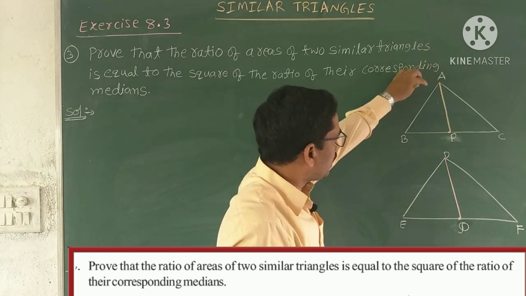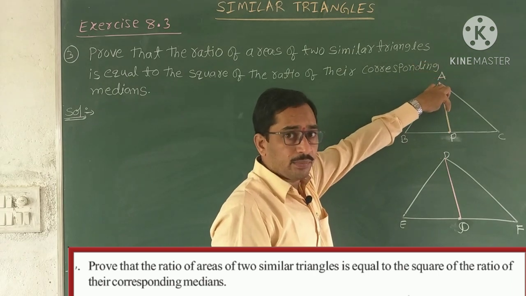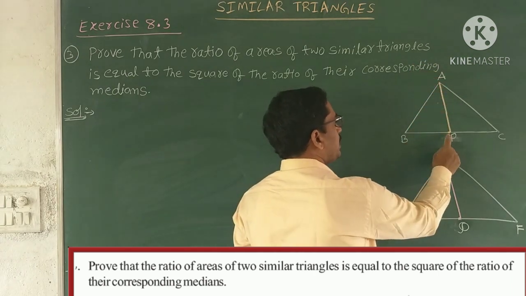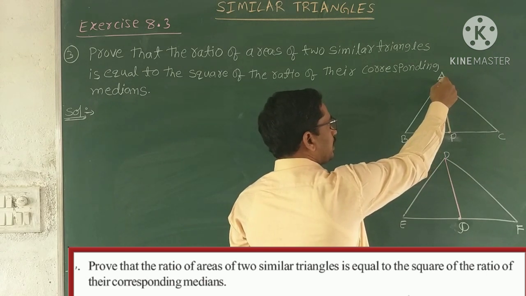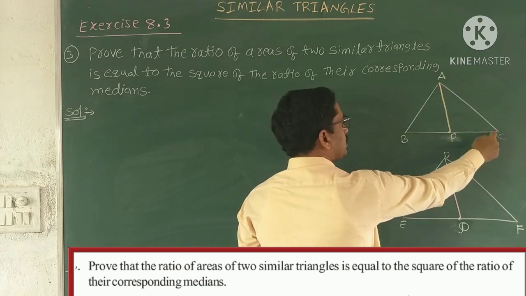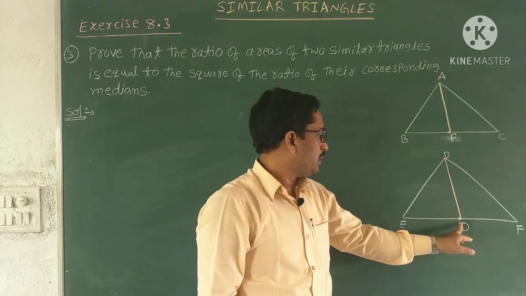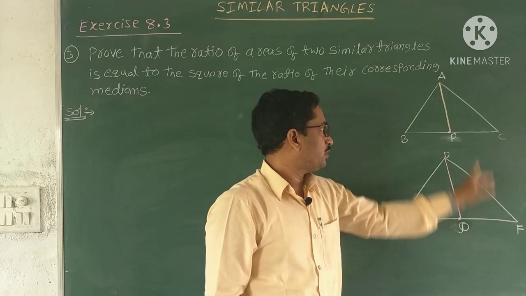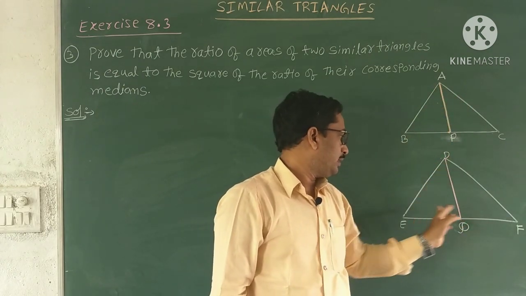A median is the line joining a vertex to its opposite side's midpoint. Here P is the midpoint of BC and A is the vertex. In the same way, DQ is a median of triangle DEF. So these two are the medians of the given triangles ABC and DEF.